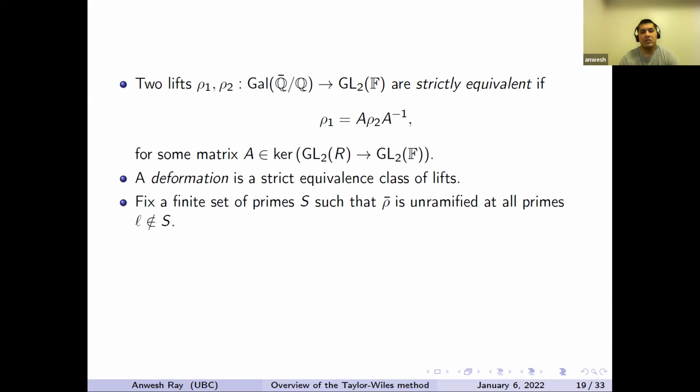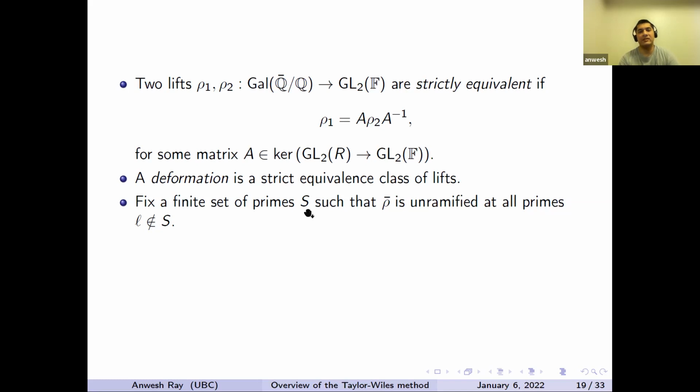Okay, so we have our rho-bar, and now we want to talk about the notion of a universal deformation. In order to do that, we need to fix a finite set of primes S which contains all the primes at which rho-bar is ramified.